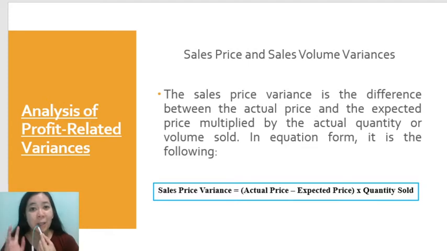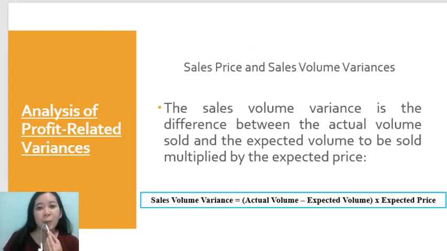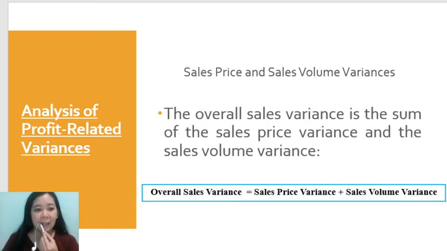Next, for the sales volume variance, this is the variance in terms of number of units. This is the difference between the actual volume sold and the expected volume to be sold, and the difference will be multiplied by the expected price. So this is our formula. Please take note of that.